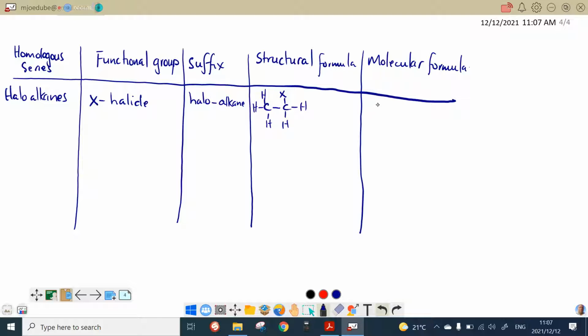And then in this other one, the formula would be your C2H5 and then the X. So an example, let's say your X here is the chloro group, so you'll have chloroethane, and therefore the formula is going to look something like that.